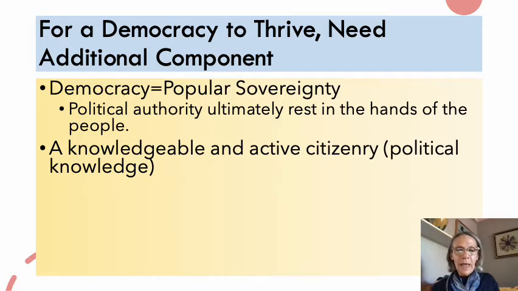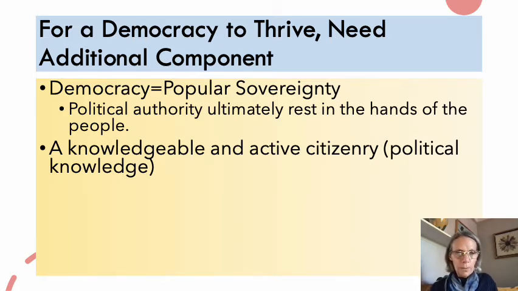However, that in itself is not enough. If the political authority ultimately rests with the people, they have to be able to engage in governance. And one of the things that they have to be ready to do is have political knowledge that they can use in their decision making in terms of what policies to support, and to know that if we elect these leaders, these are the policies that they're likely to enact, okay?